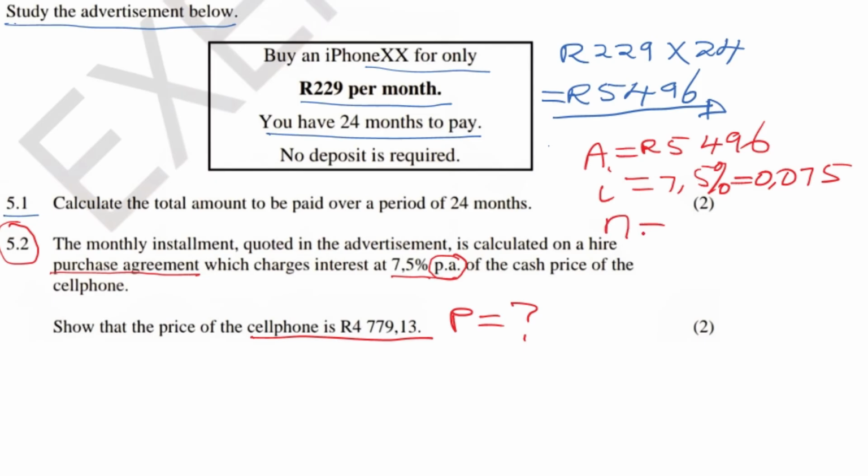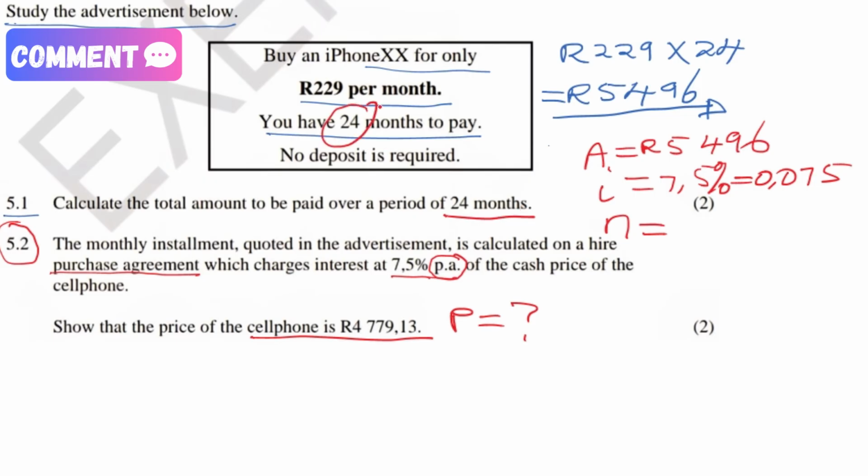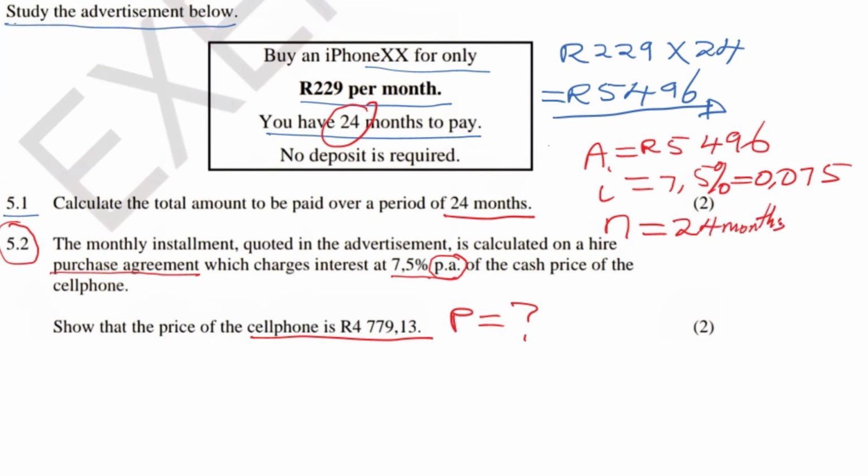We have the time period, which is 24 months, which we can say is 2 years. So that is the simple interest formula there.